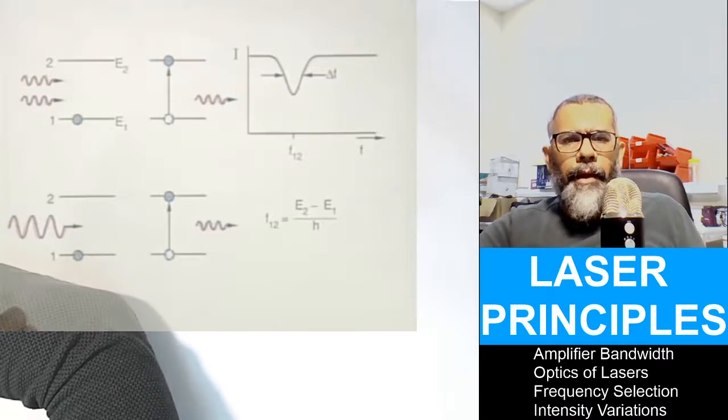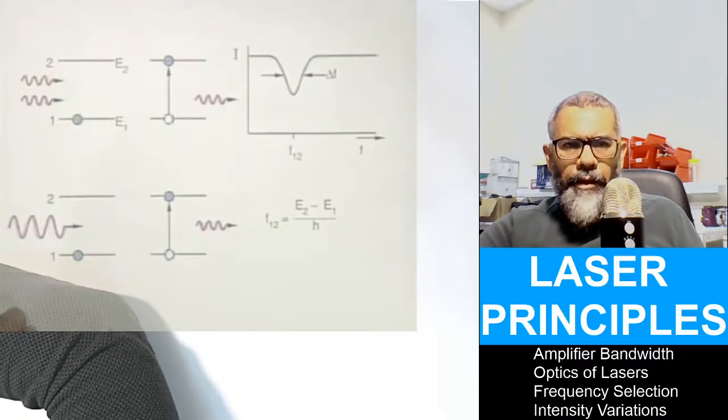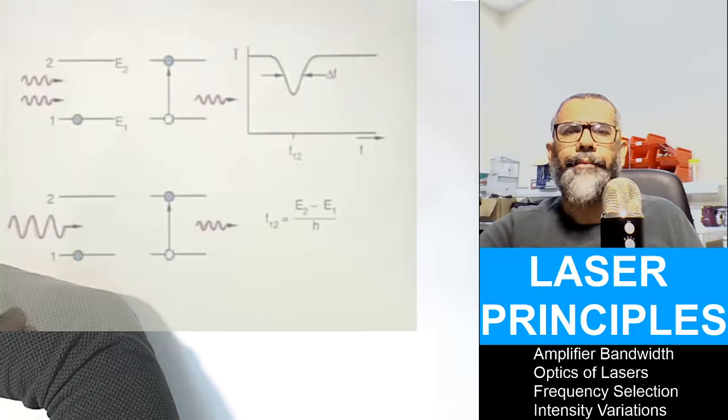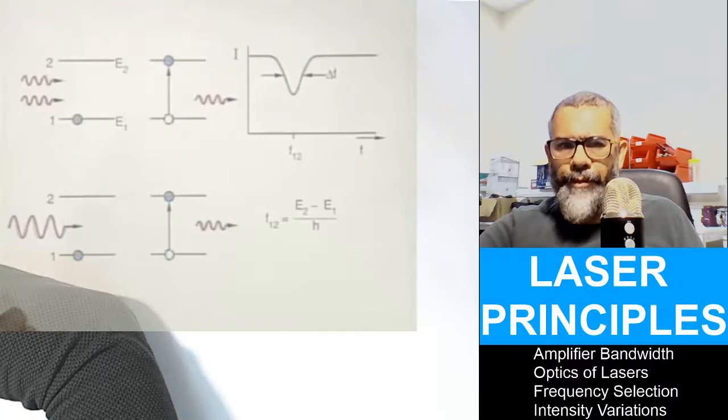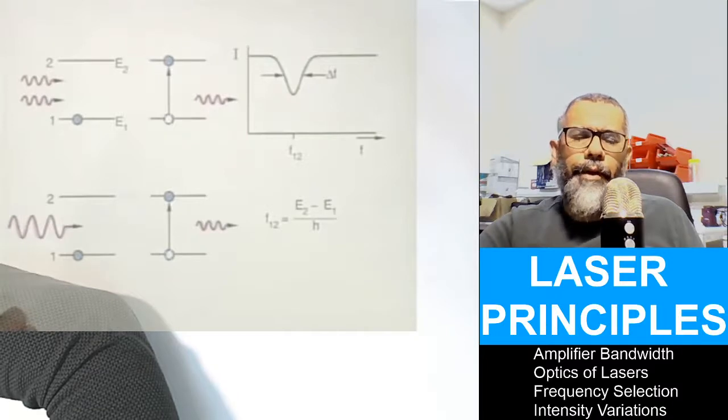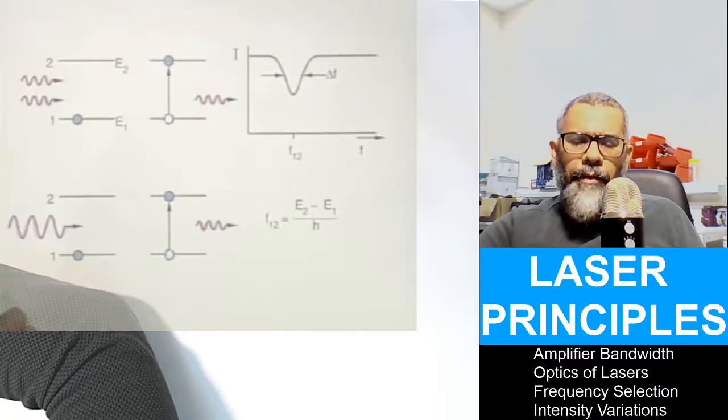As I say, if you picture the light intensity in this graph for this process of absorption, the vertical axis refers to the intensity of light, and the horizontal axis refers to the frequency of the incoming photons. Here you see F12 on the frequency axis.